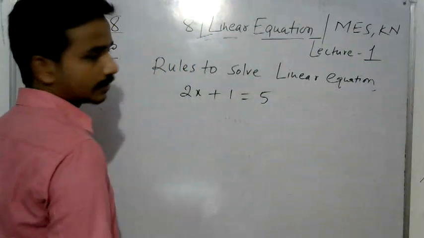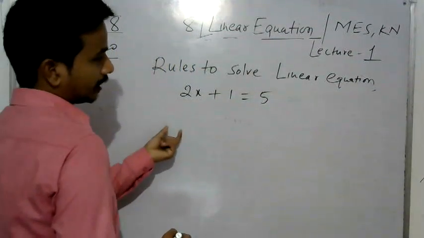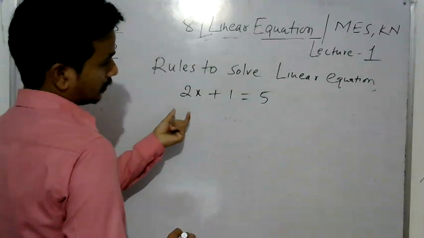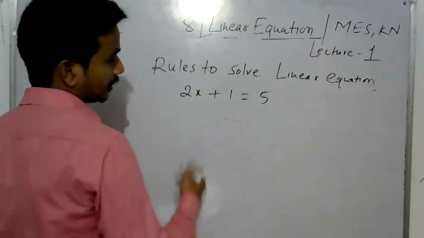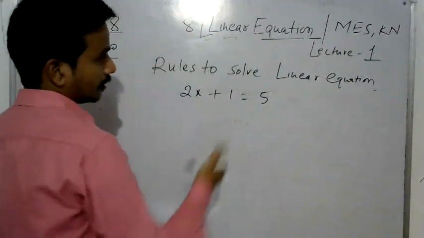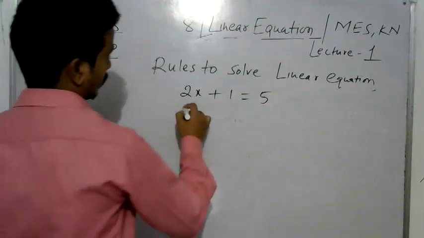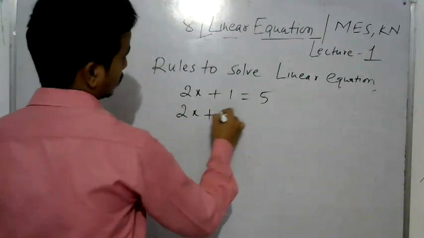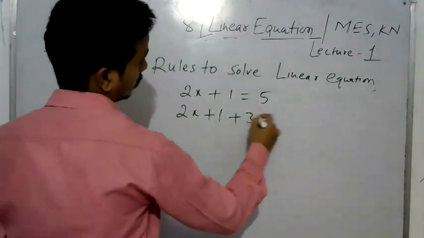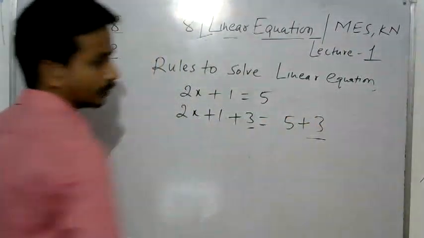So this is a linear equation, and the first rule says that you can add any number to the linear equation on both sides. It will not change the equation. For example, I can add 3 on both sides.